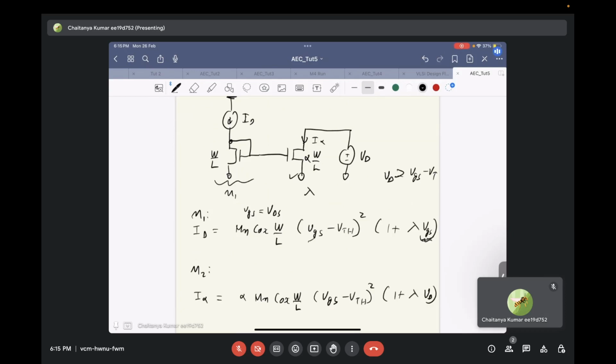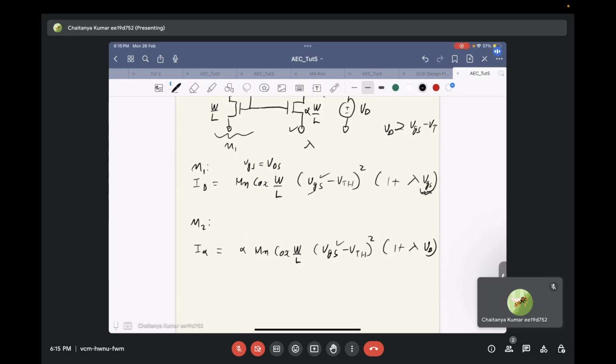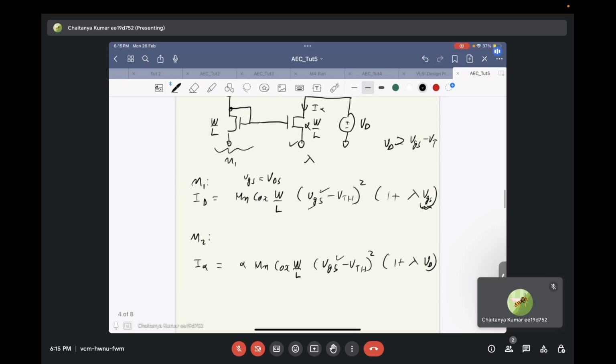Now VGS of transistor M1 and VGS of transistor M2 are the same, because the gates are shorted and the sources are grounded. What about VDS? Transistor M1 has VDS equal to VGS, while transistor M2 has VDS equal to VD. So the VDS of both the transistors is different.